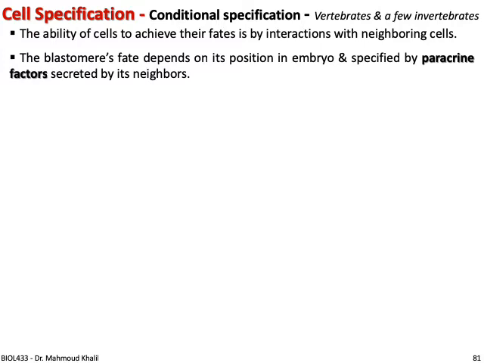For conditional specification, which happens in vertebrates and a few invertebrates, the cells achieve their fates by interaction with neighboring cells. So the cell needs interaction from the neighboring cells to reach its fate, which is totally different from the autonomous. The blastomere's fate depends on its position in the embryo and is specified by paracrine factors secreted by neighbor cells.